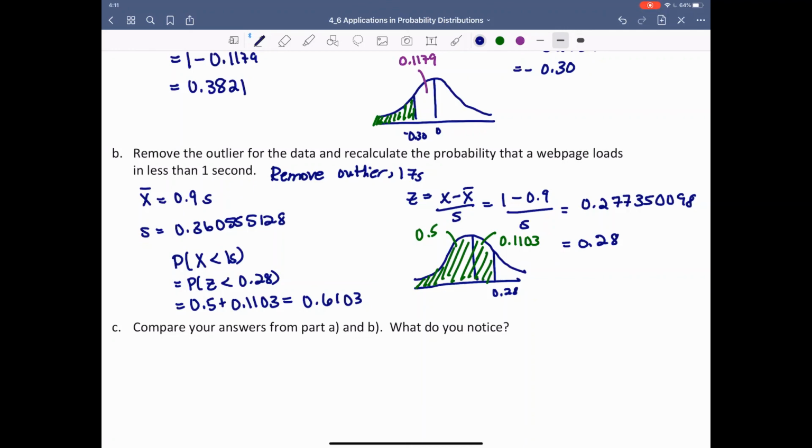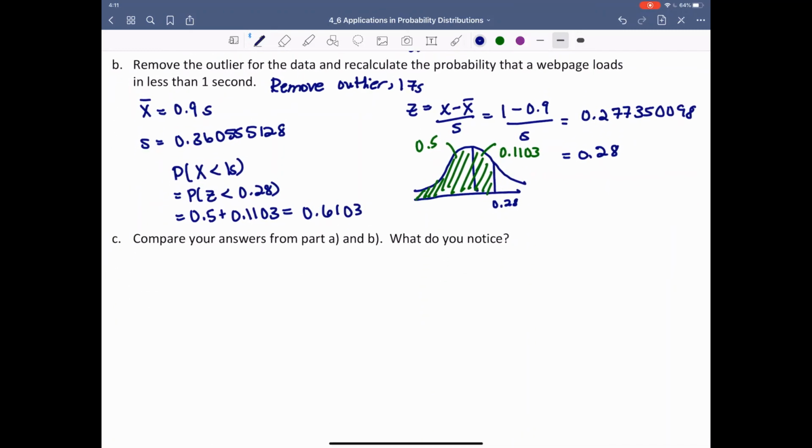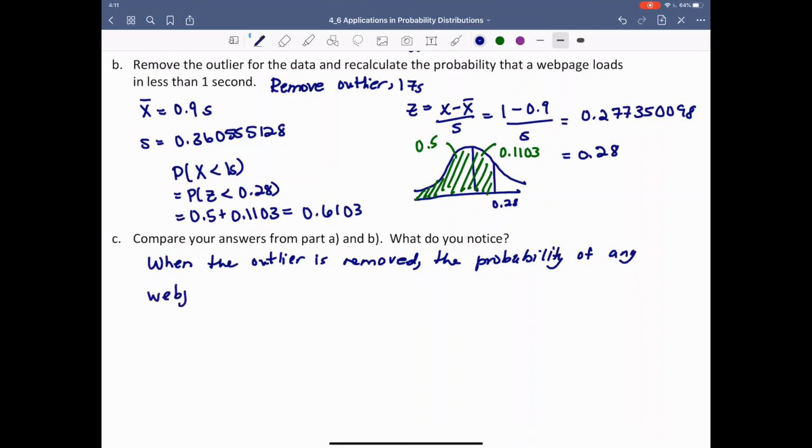So we want to compare our answers from part A and part B, and what do you notice? We can say, when the outlier is removed, the probability of any web page loading in less than 1 second increases dramatically.